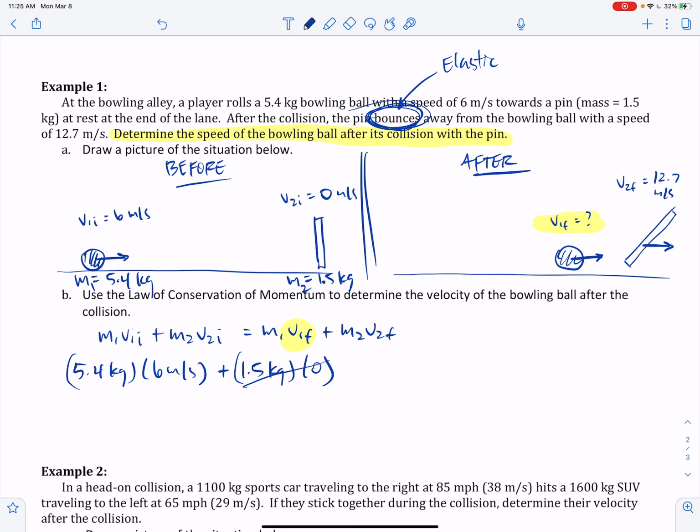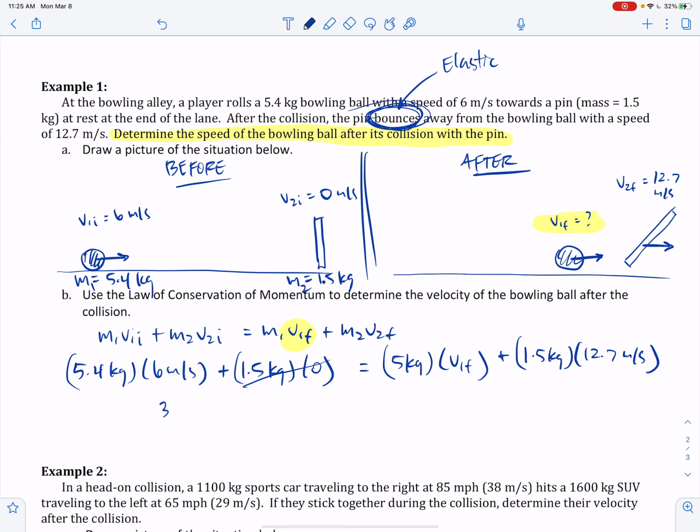So that's just going to go away. And then we're going to set that equal to the momentum of the bowling ball, which is 5.4 kilograms times its final velocity, plus the momentum of the pin, 1.5 kilograms times its final velocity of 12.7 meters per second.